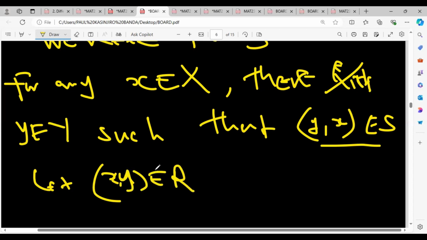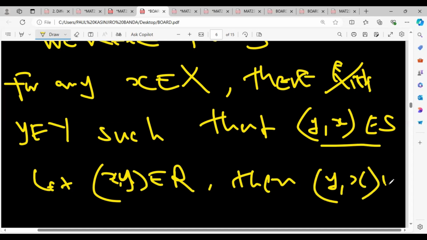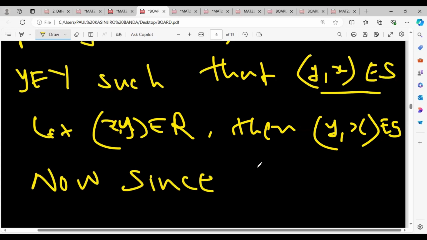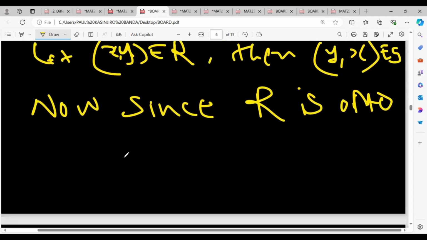So let (x, y) be a member of R. Then this will actually mean that what we have here, the (y, x), will be a member of S. So if (x, y) is a member of R, then it means (y, x) is a member of what? Of S. Now we can say since R is onto, since R is onto, we can actually say that.